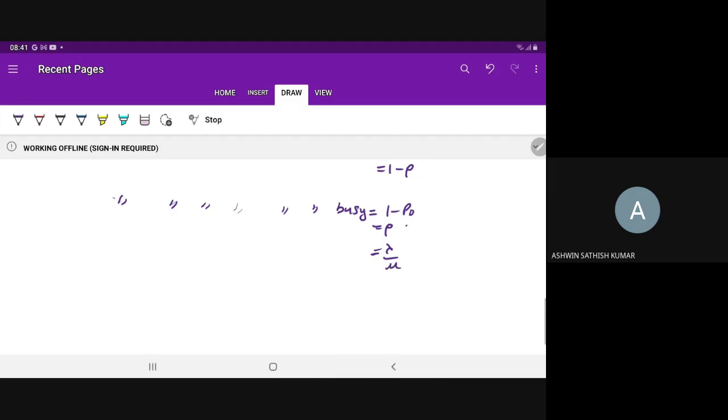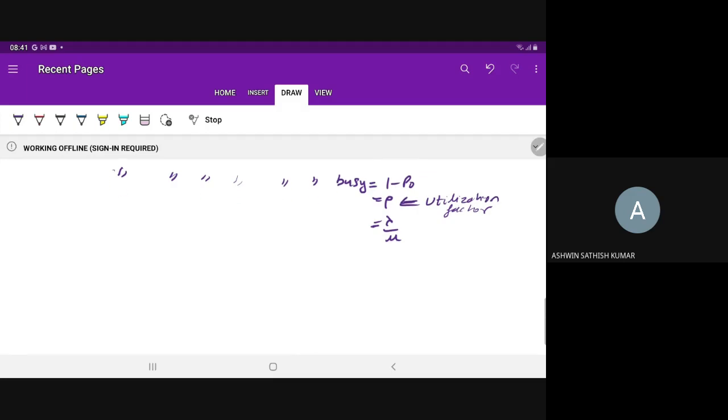That's why this rho is also called the utilization factor. So in this way, we can compute the different performance measures.